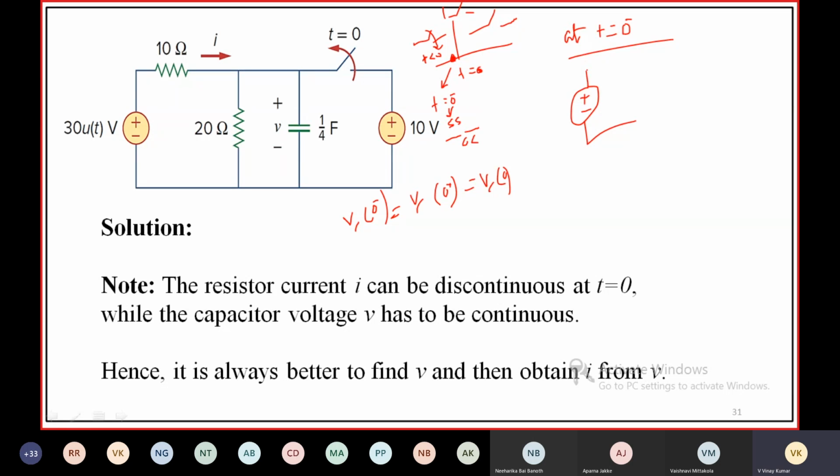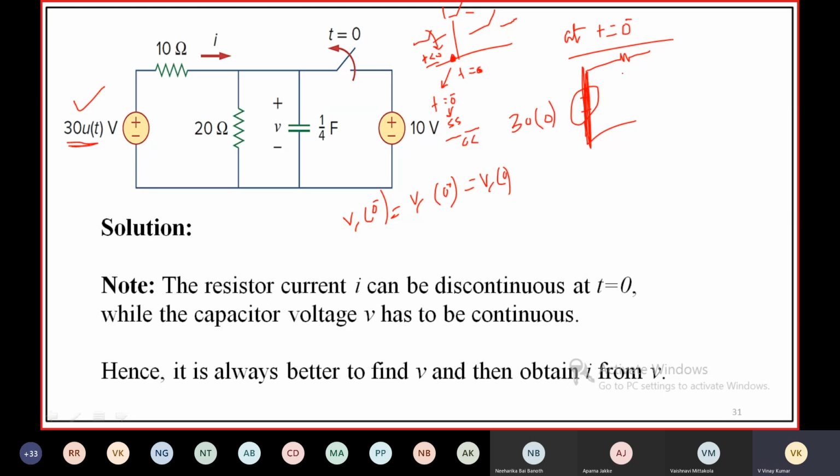So the circuit will be as follows. For t less than 0, this voltage will be 30 into 0, which we already discussed. 0 volts means short circuit.